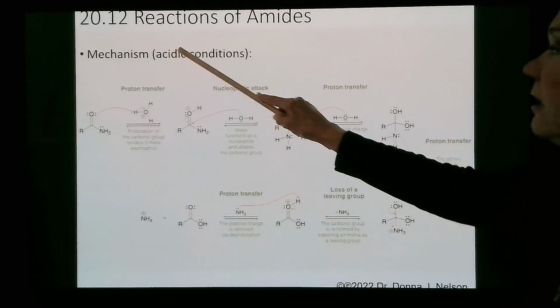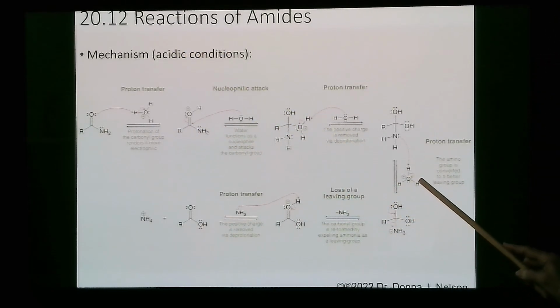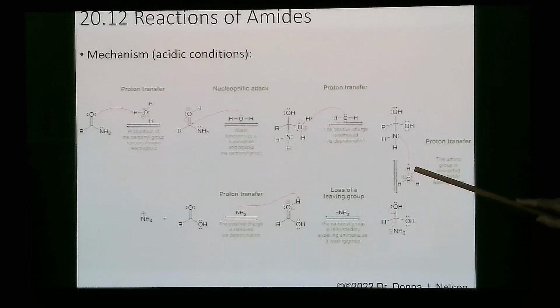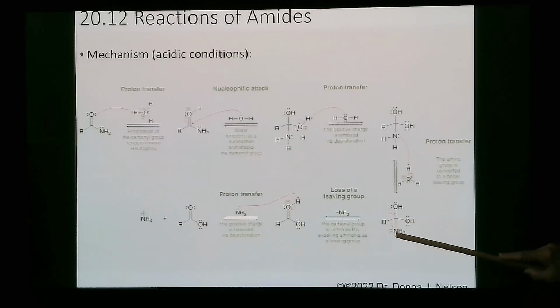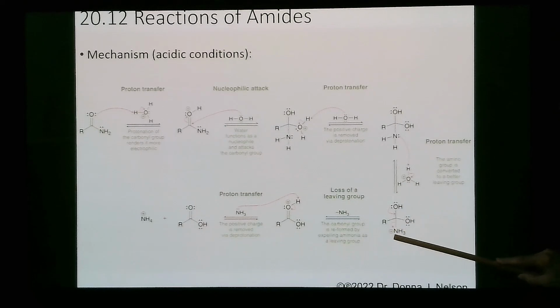Remember, this is acidic conditions. So throughout here you have water bearing positive charge. And so when the nitrogen picks up a proton, it bears a positive charge now. This is a neutral leaving group. You've converted this amino group to an ammonium group, which is a neutral leaving group. So you've prepared it to lose this molecule.